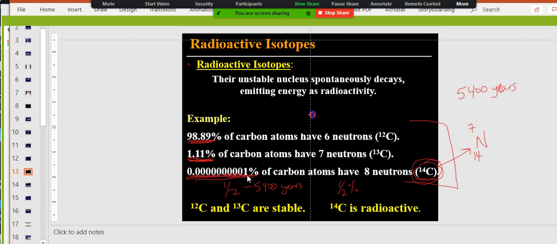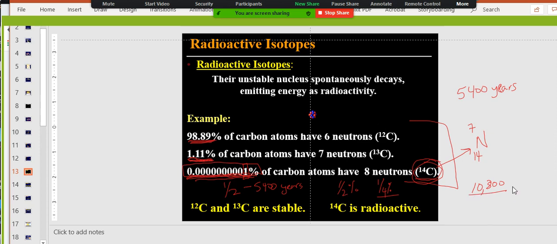Let's just exclude all the zeros. But this 1 would be a half. And then what's a half of a half? Is a fourth, right? And so if I dug you up and you were dead for 10,800 years, I would expect you to have 1/4 of this percent of carbon-14 left in your body.